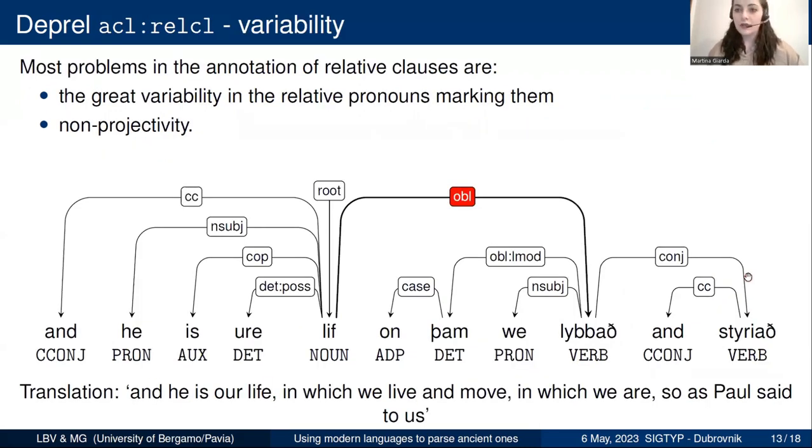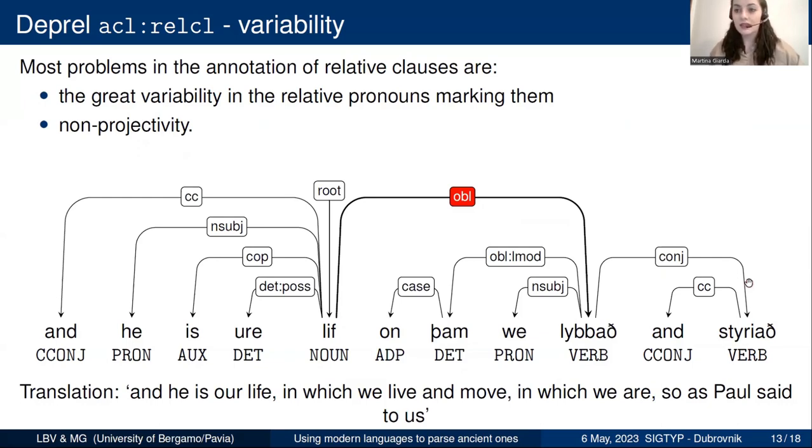Moving on to relative clauses, we can say that most problems in their annotations are due to the great variability in the relative pronouns marking, and they're due to non-projectivity. Concerning variability, we have to say that Old English had an invariant complementizer, the, which is often used to mark relative clauses, but could be omitted.